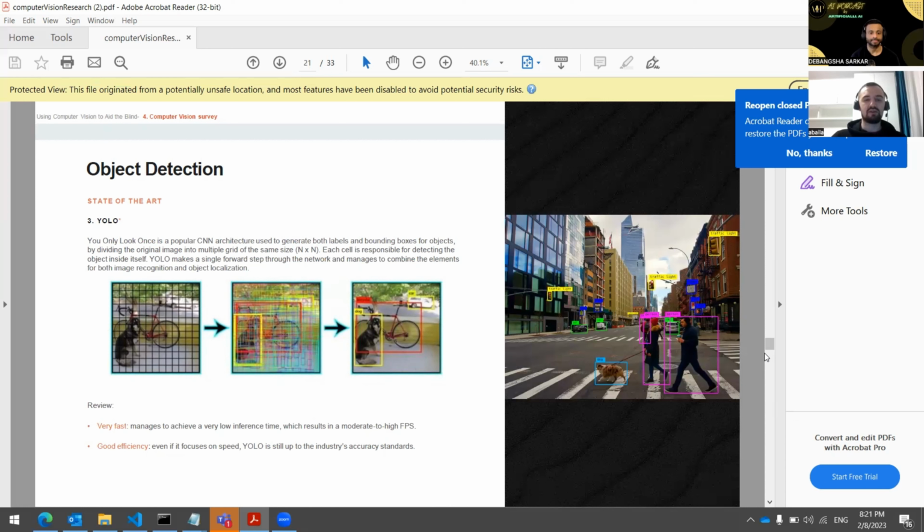And then for each grid, YOLO detects the object inside itself. The advantage is that it makes a single forward step through the network, and it manages to combine the elements of both image recognition and object localization. It's very fast.